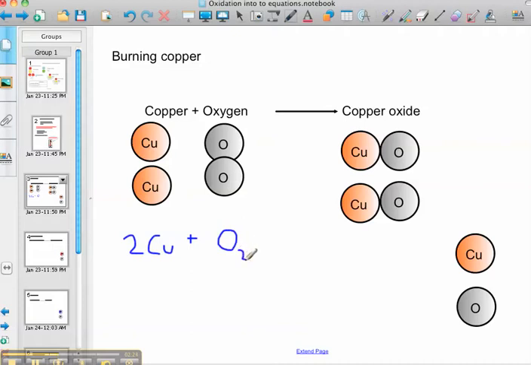And on this side here we've got CuO, copper oxide, and remember it's a compound, so they are chemically joined. And how many of them have we got? Well, we've got two lots of copper oxide, and that's it.